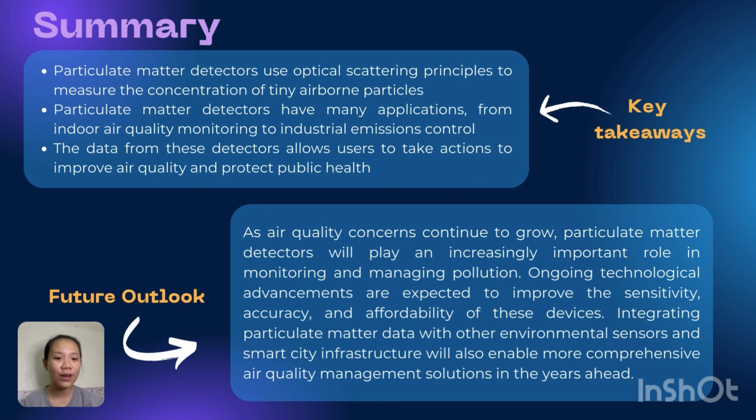As air quality concerns grow, this detector will become increasingly crucial in pollution management, and technological advancement will enhance their sensitivity, accuracy, and affordability. And integrating PM data with other environmental sensors and smart city infrastructure will enable more comprehensive air quality management solutions in the future.